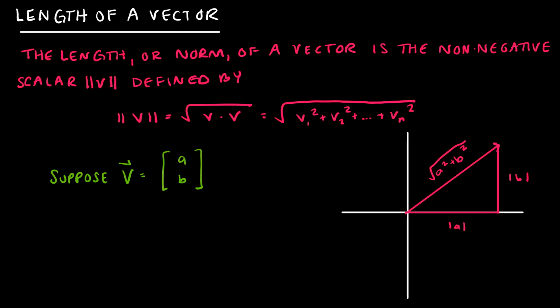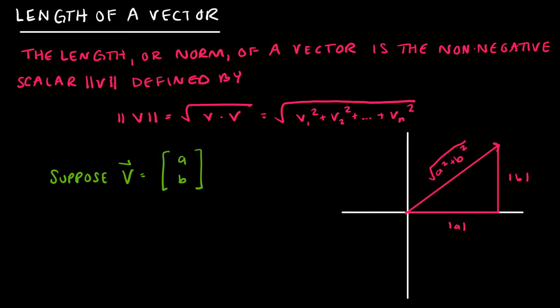The length or norm of a vector is a non-negative scalar, and it's defined by essentially taking the square root of the inner product of a vector by itself. We can look at this two-dimensionally, because that's an easy way to visualize.